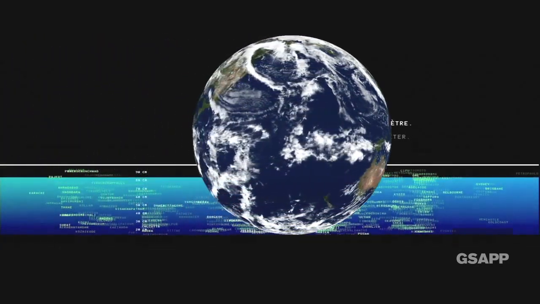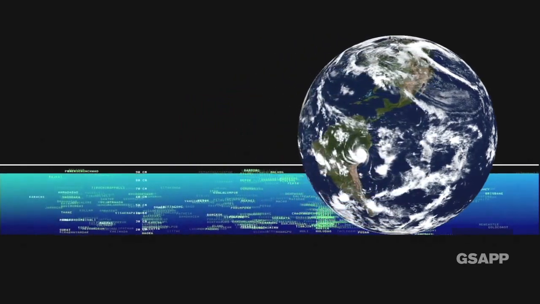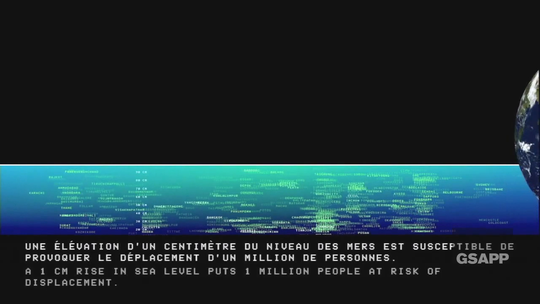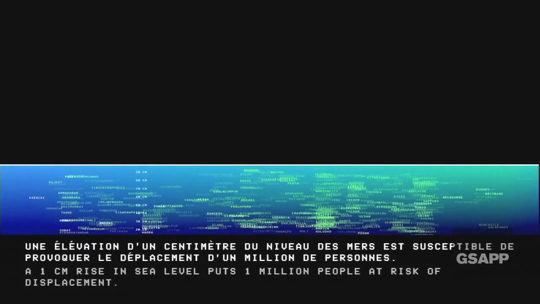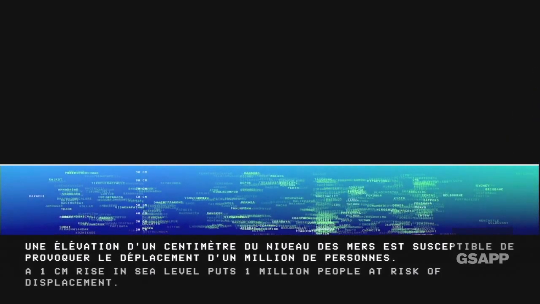Actually not updated, so it was for the 2009 COP conference. So this 1 meter level is now 2 meters. Yeah. Today.